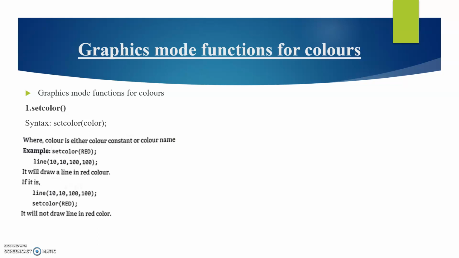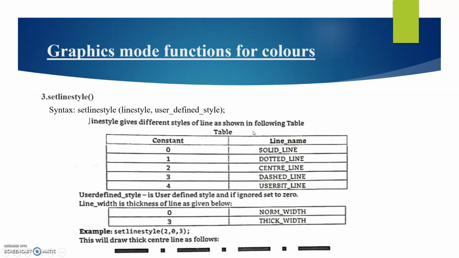For example, setcolor(RED); then line(10, 10, 100, 100); It will draw a line in red color. If it is line first and then setcolor, it will not draw the line in red color. First, you should write the setcolor command and then you should write the line command. Then the function will execute.